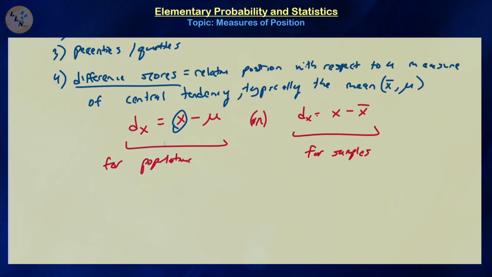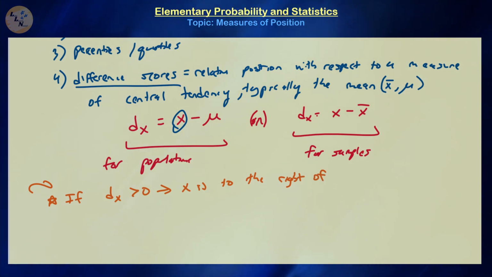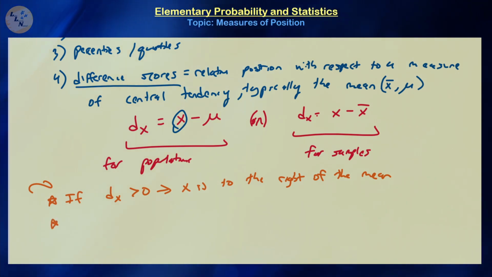And there's a couple things that we can sort of summarize here. So if the difference score is greater than 0, that means x is to the right of, or is greater than, the mean or median if you so choose to do so.